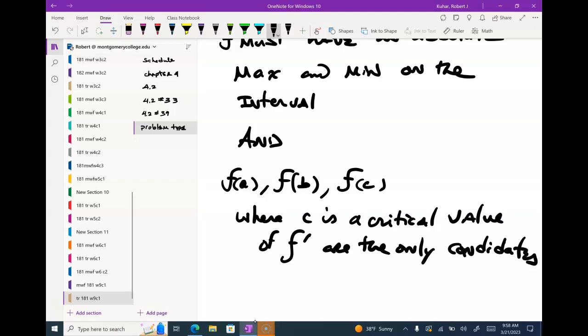There's no other option. I will not find that maximum at any other point. It's kind of hard to believe, but it has to come from the endpoints or the criticals in between the endpoints.